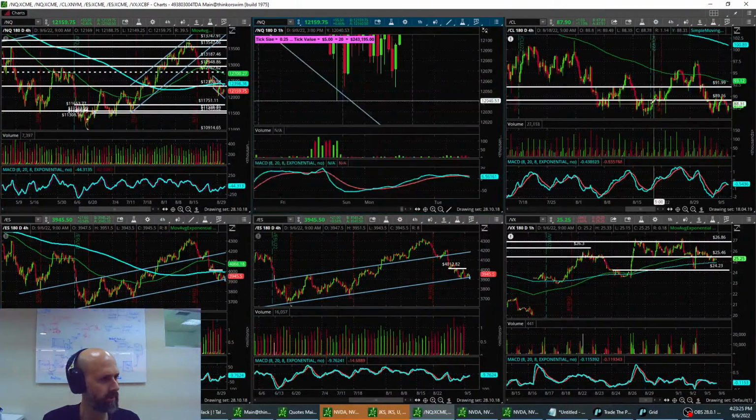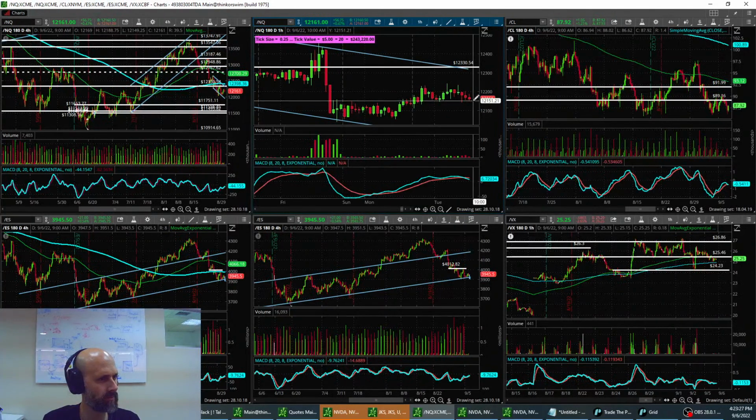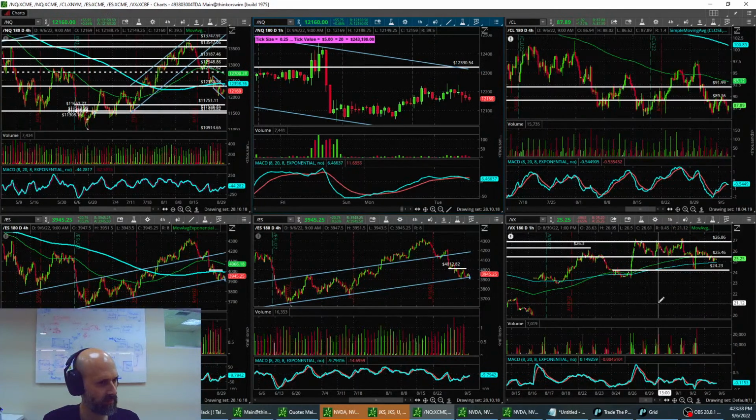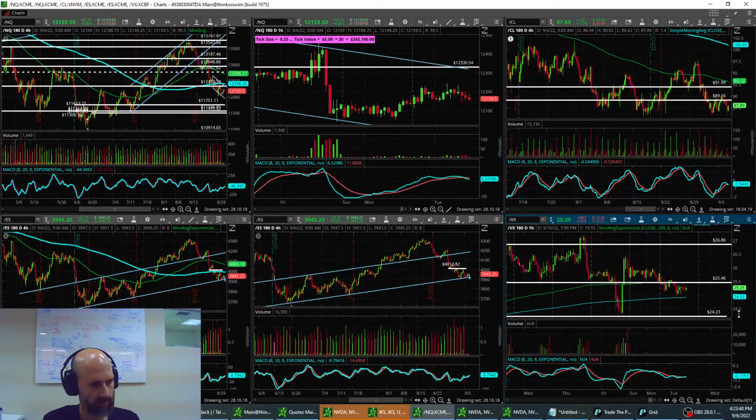Again, Nasdaq is kind of flat. Let's see if they can break through this range and drop to the 12,000. But other than that, I think we covered what we wanted.